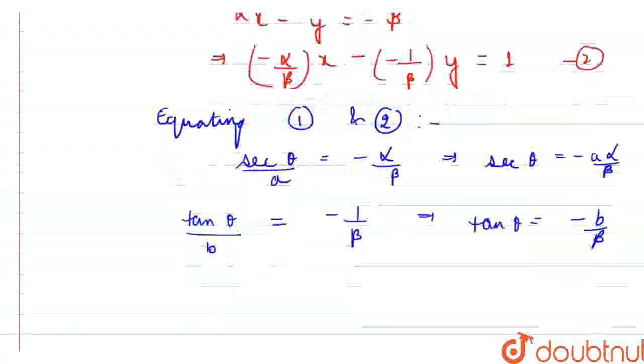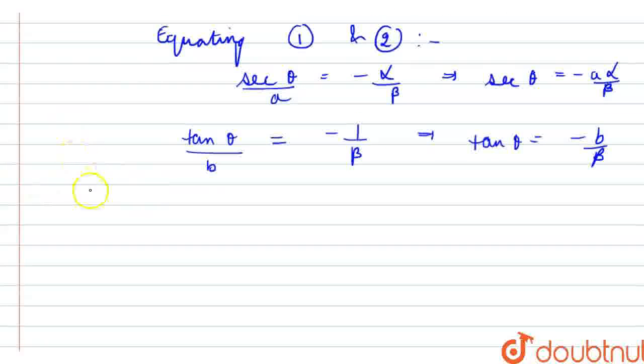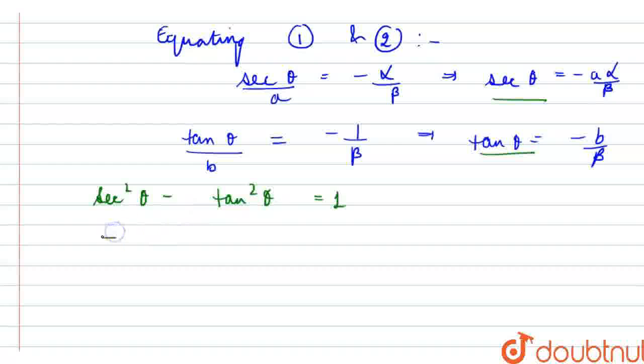Now there is one trigonometric property which is secant square theta minus tangent square theta is equal to 1. So we are having value of tangent theta and secant theta. Substituting it here, what I get: minus a alpha upon beta whole square minus of minus b upon beta whole square is equal to 1.